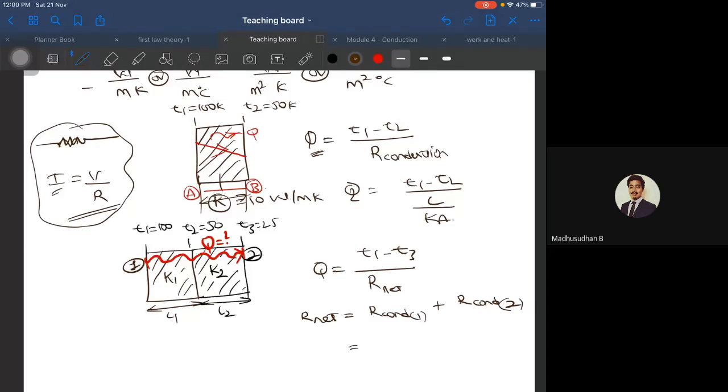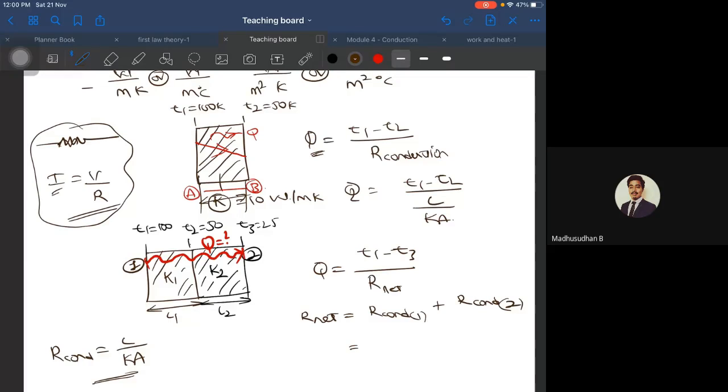So how do I calculate the resistance offered due to conduction with respect to the first slab? Generally, the resistance offered in conduction is given by L by Ka.